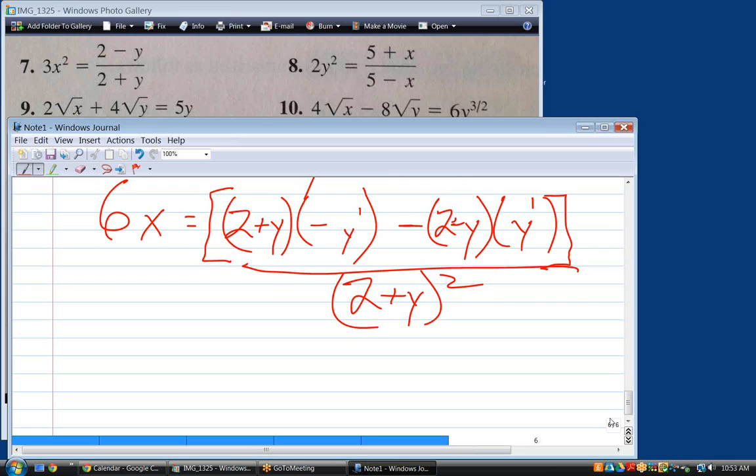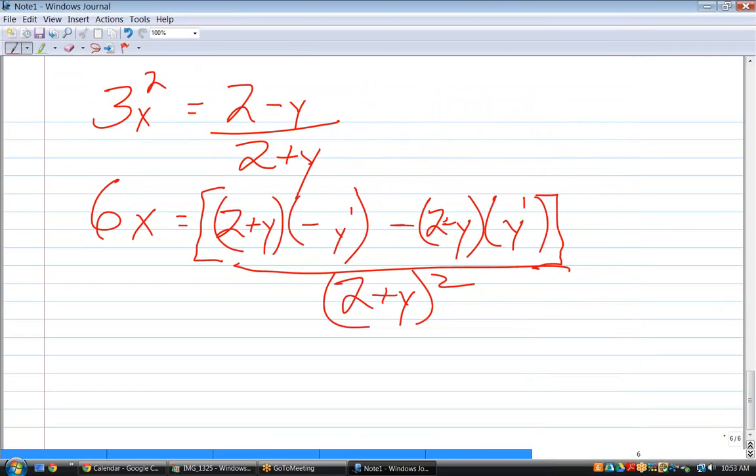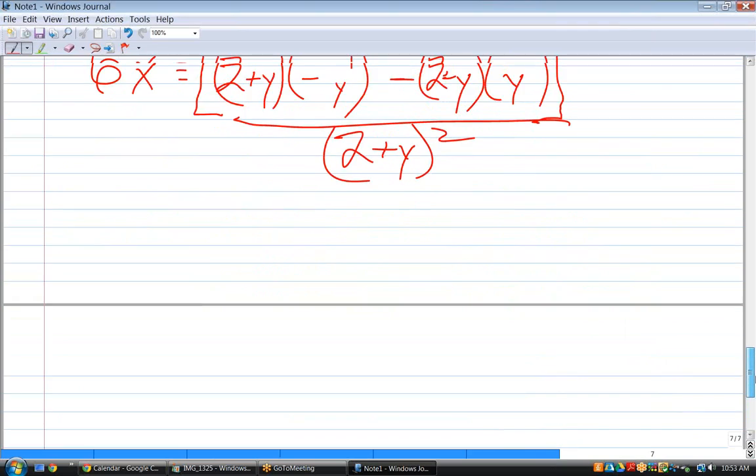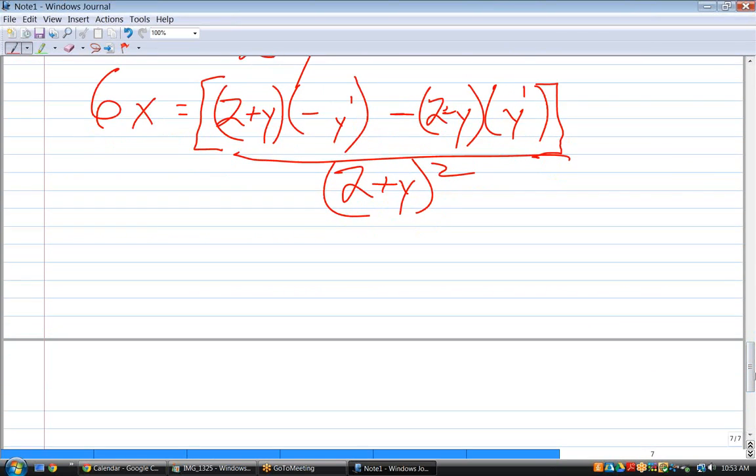Okay, what's the next step here? So it would be to multiply everything out? No. Notice why we don't want to do that. Because at some point, we're going to factor out y prime, right? So we don't want to multiply it out. We can factor it out without distributing it.